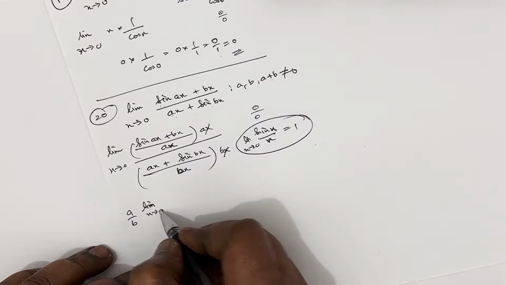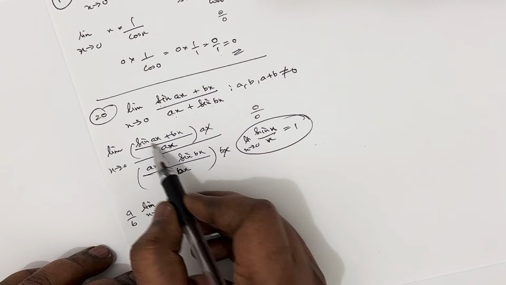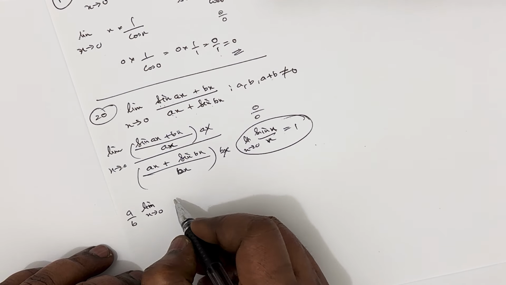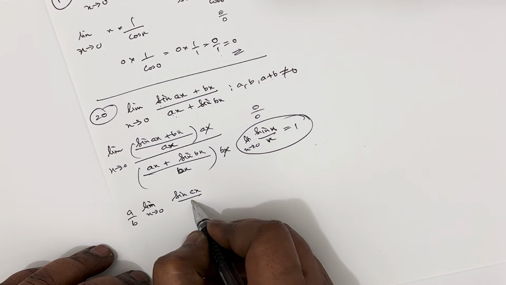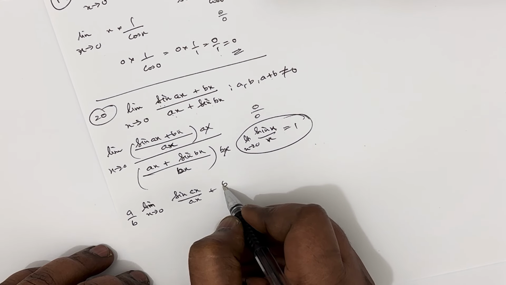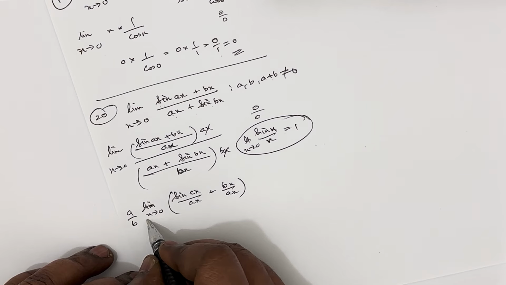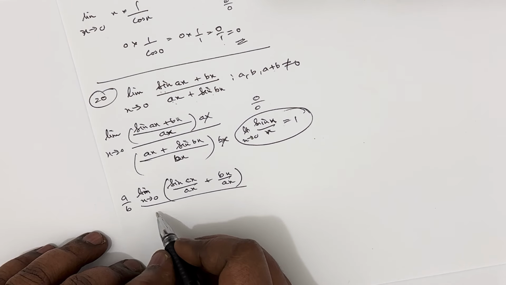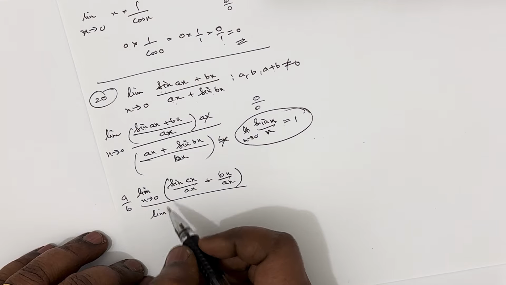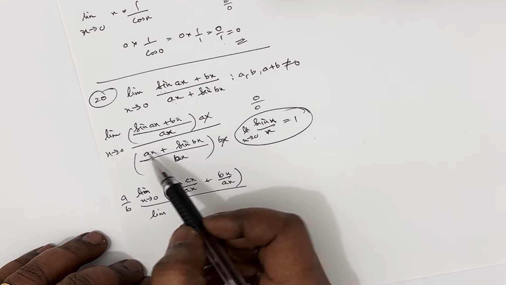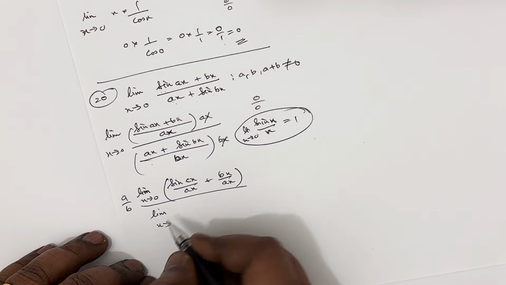x tends to 0. Now see, this ax can be given to both of these. It can be written as sine ax upon ax plus bx upon ax, whole divided by the same thing here. This limit also can be split to both the numerator and denominator, so we have theorems for that.